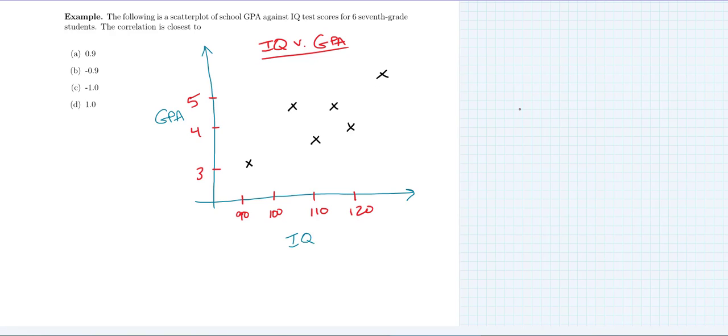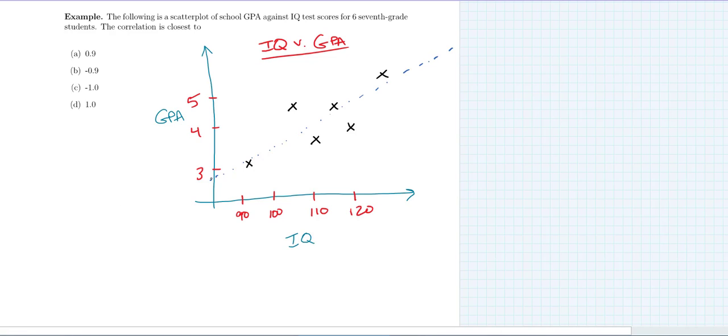So we see that GPA and IQ do have a very strong linear relationship, because if we took a line, okay, I'm going to draw a line here, preferably a different color. So if we took a line, maybe it starts right here, right? It looks like these values are very close, okay? Very being a relative word.